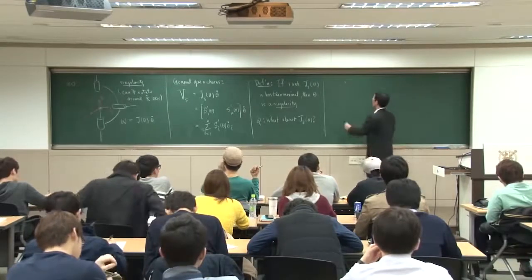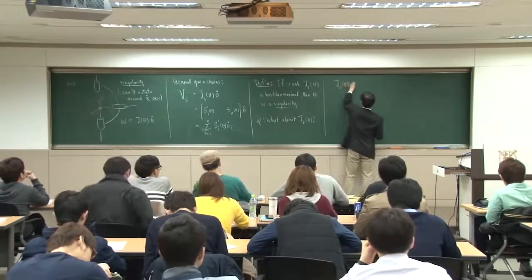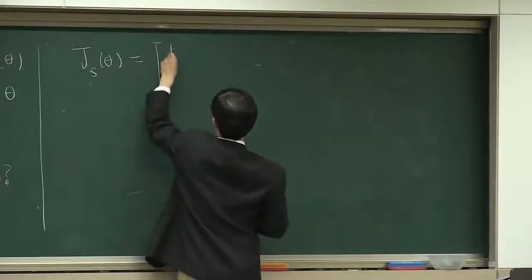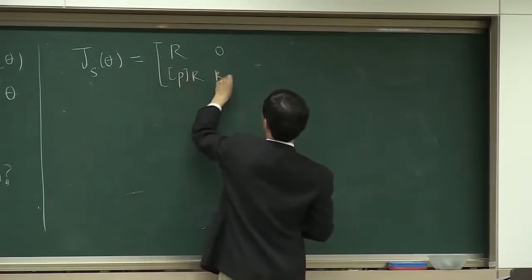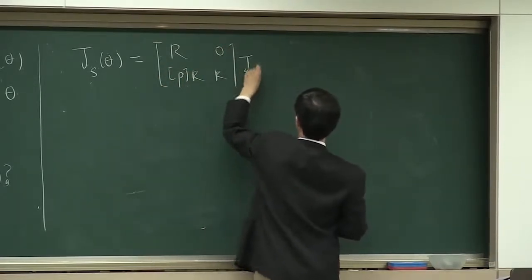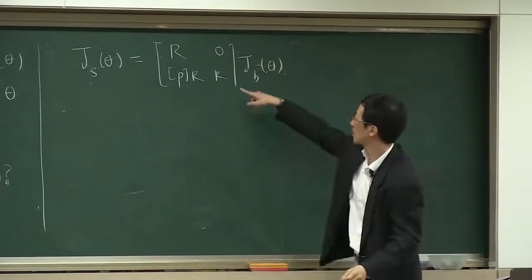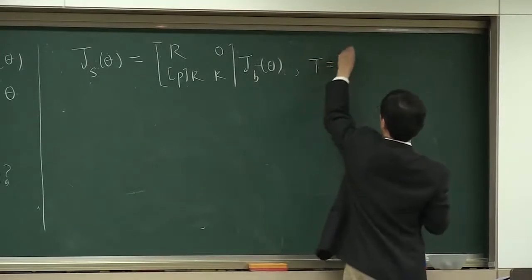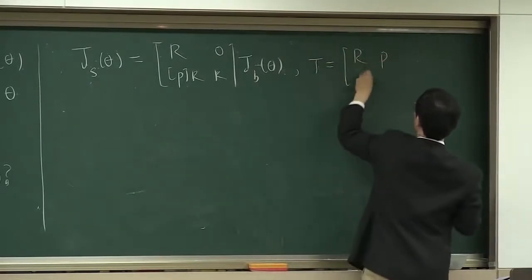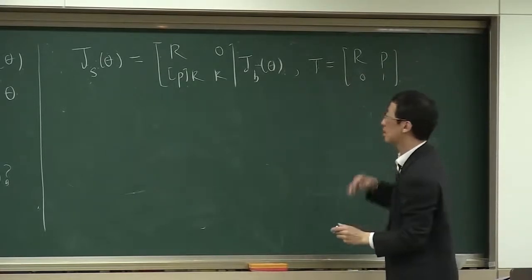First, we know that J sub s is just the adjoint of T times J sub b, where T is the end effector frame, so this is R, p, 0, 1.